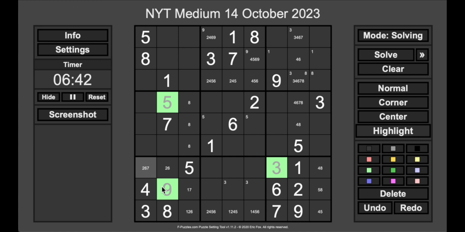Let's see, so I've got 1, 2, 6, and 7 in some order for the rest of box 7. So we've determined that 1 is in one of these 2, and combined with that one and this one, it's going to force a 1 on one of those 2.